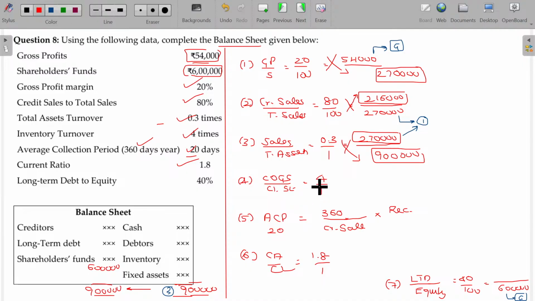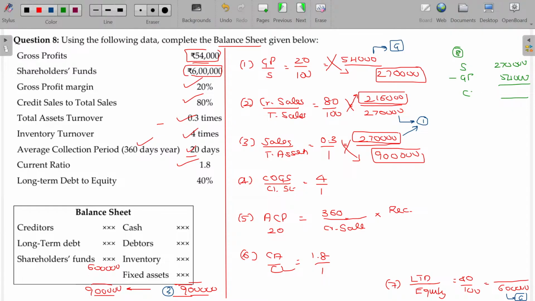And cost of goods sold. So working note number 8. Sales minus GP. Sales is 2,70,000. GP is 54,000.